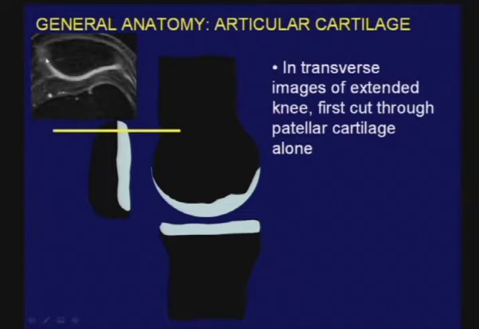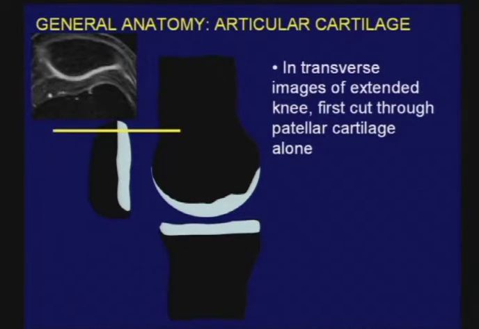That is why whenever I evaluate the articular cartilage of the patellofemoral joint on axial images, I split the screen and I have a sagittal image right alongside, because I certainly want to know what level I'm at and be sure it's a level that's proper to assess patellar cartilage and trochlear cartilage.